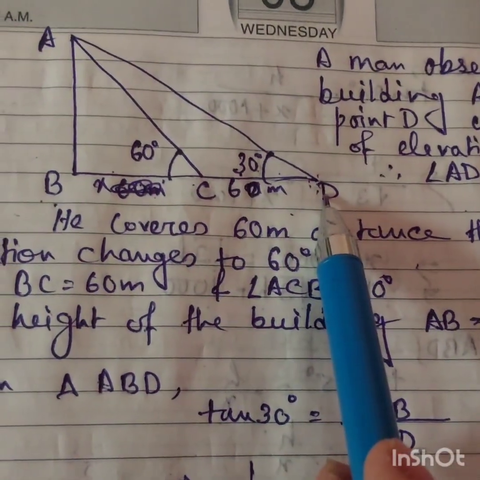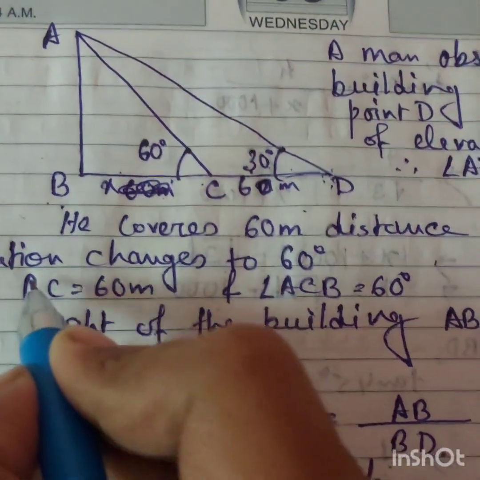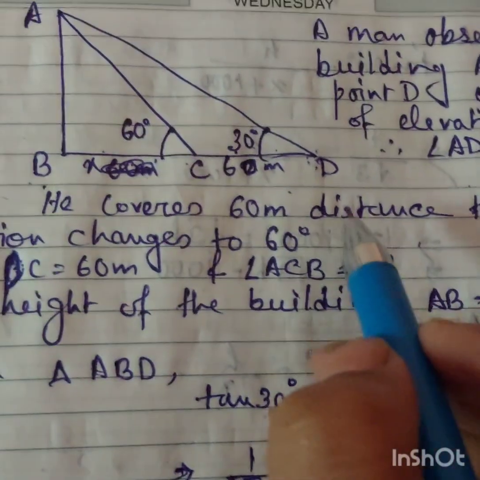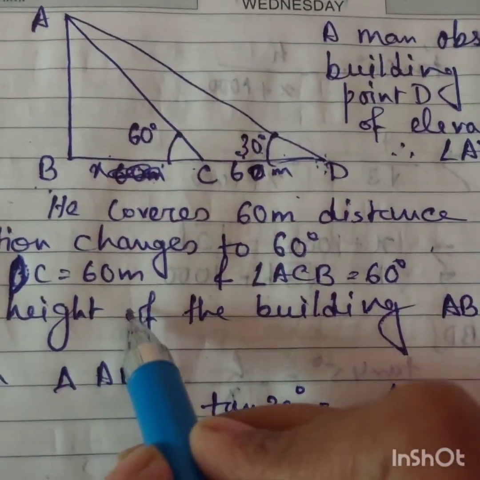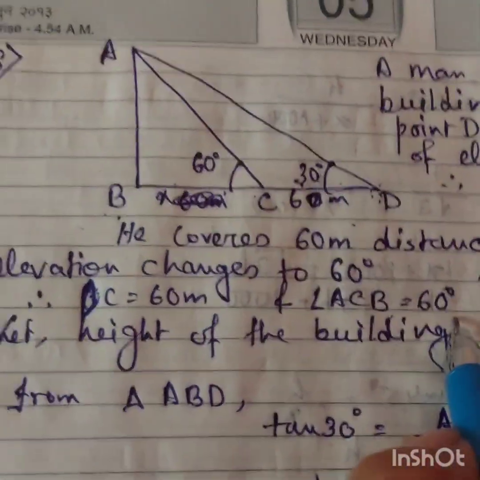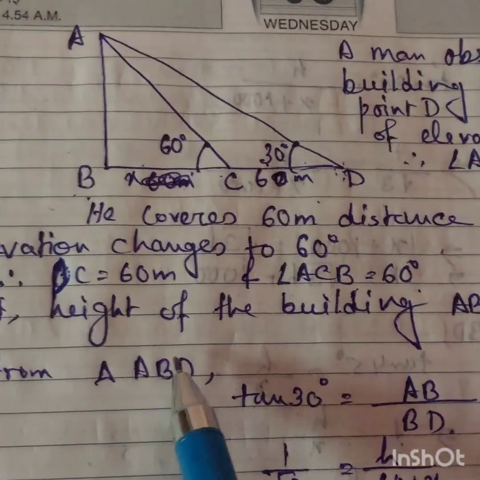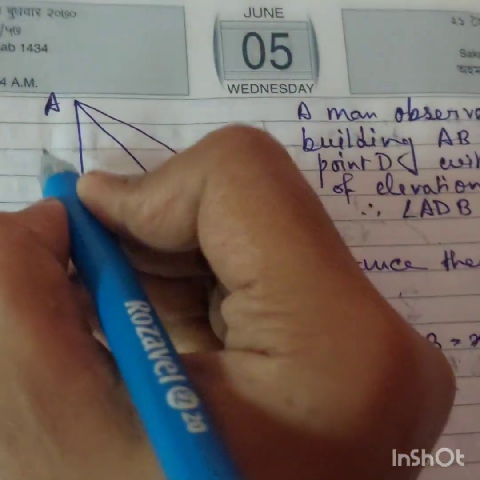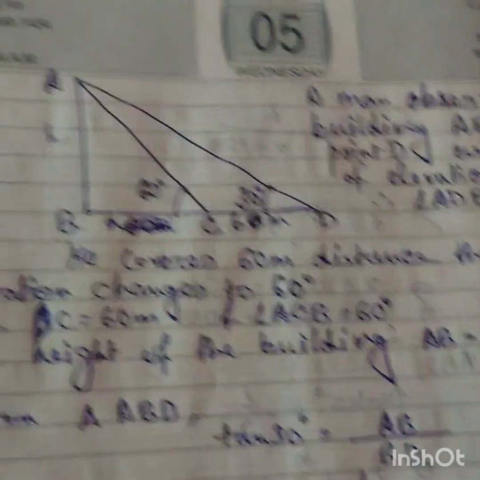Therefore DC is equal to 60 meter and angle ACB is equal to 60 degree. Let the height of the building AB be equal to h meter and BC is x. This is h and BC is x.